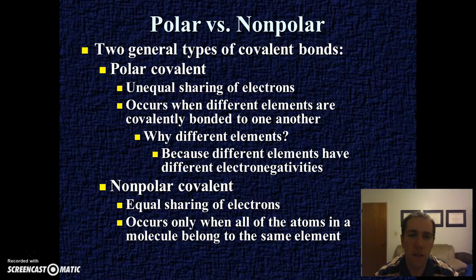So if the polar covalent bond forms because they have different electronegativities, all elements have different electronegativities that you'll see later. So the only way to have the same electronegativity on two atoms is if they're the same element.